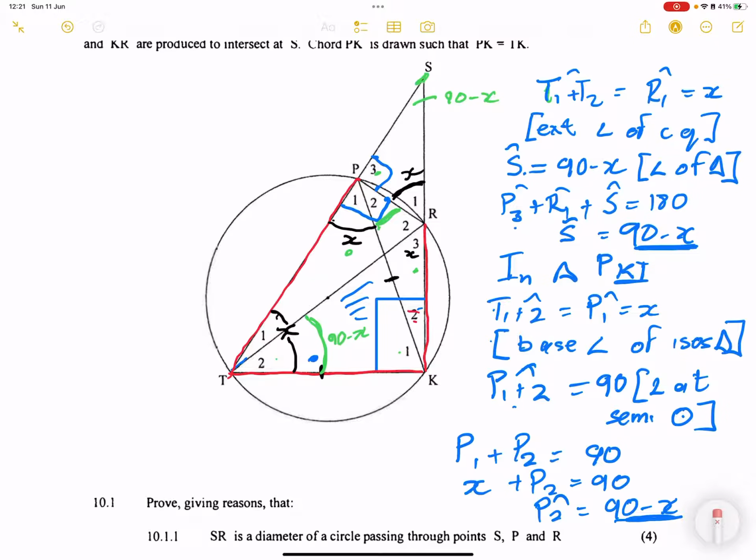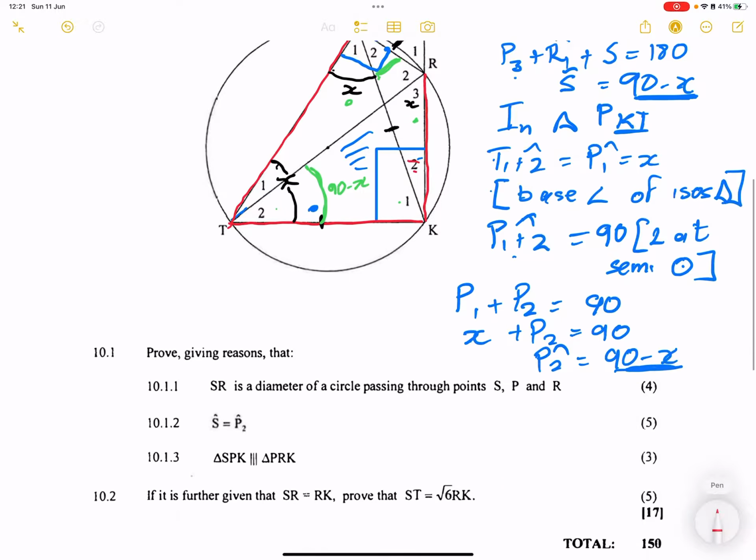So we want to prove those two triangles similar. In this case, I'm going to try and prove that similarity using angles.